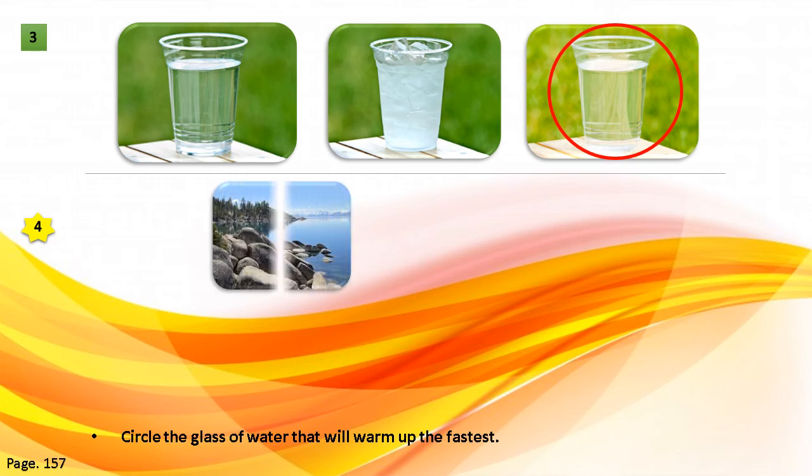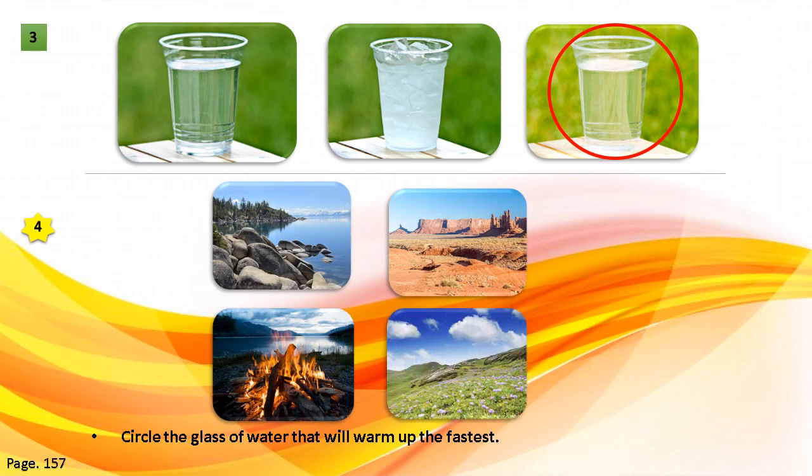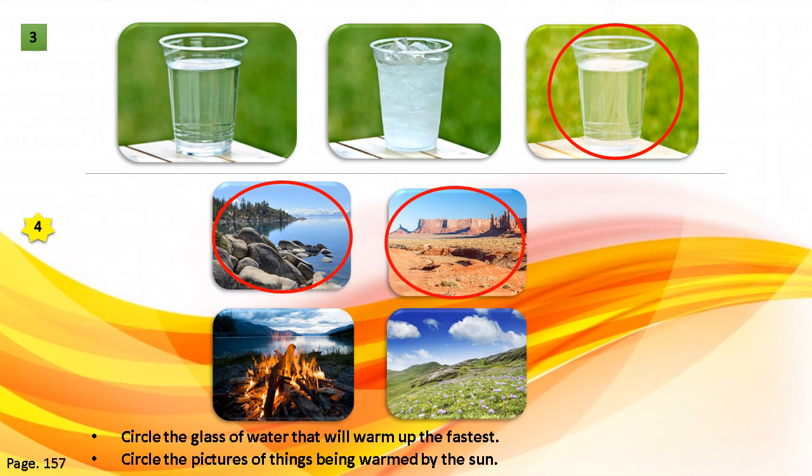Now, for question number 4, we are going to see 4 different pictures in front of us. And our question is to circle the pictures of things being warmed by the sun. Very good! We will circle the pictures of the daytime scenes only.